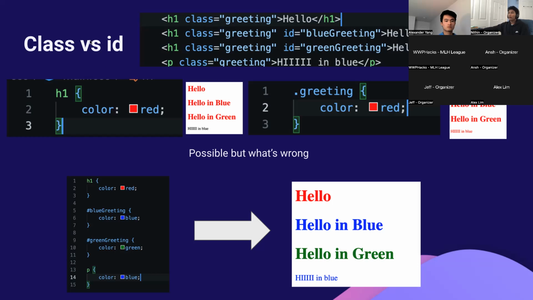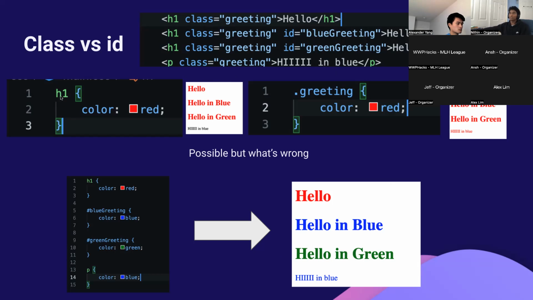Now, as you can see here, we've got a hello, a hello in blue, a hello in green, and then a p tag that says hi in blue, right? So ideally, I want what's down here. But what happens if I just call the h1 tag inside of the CSS file?